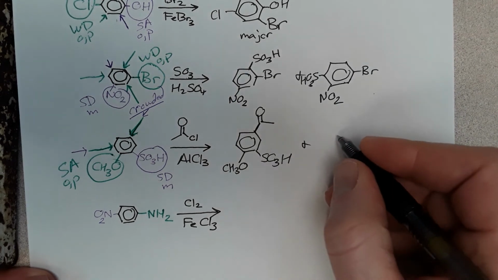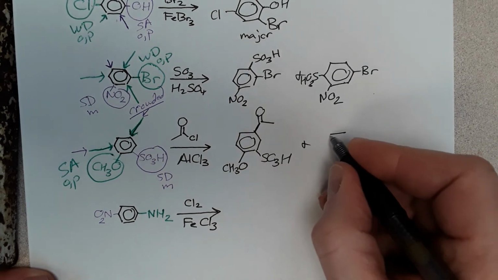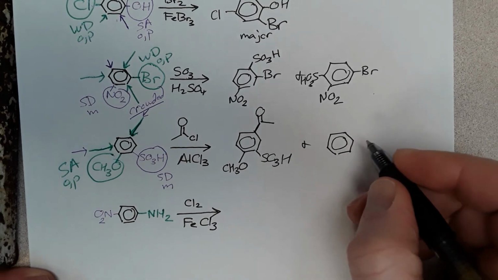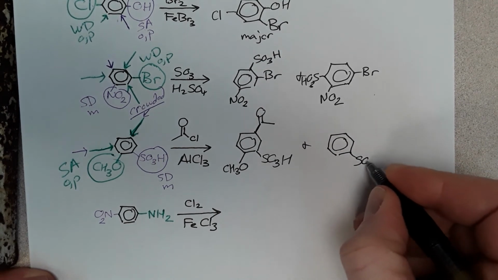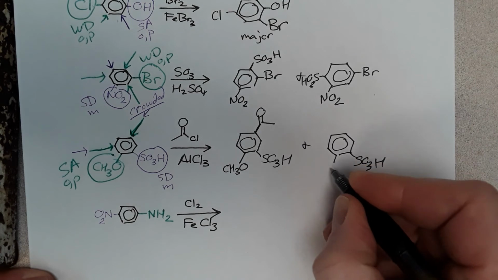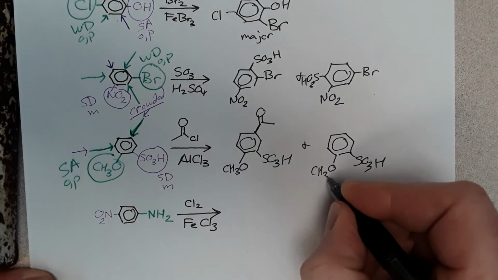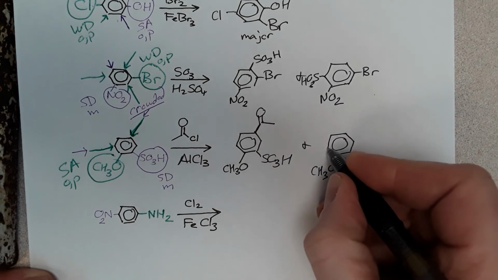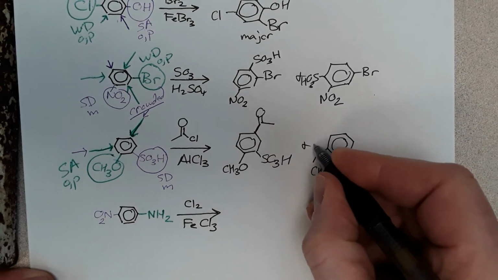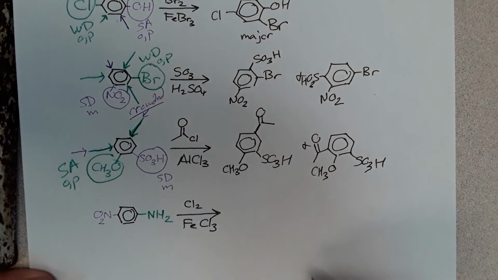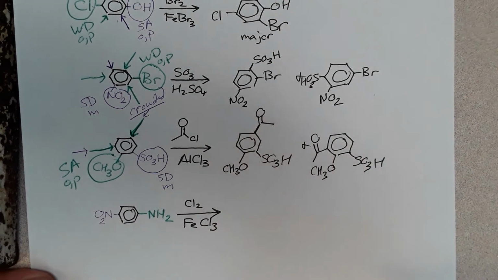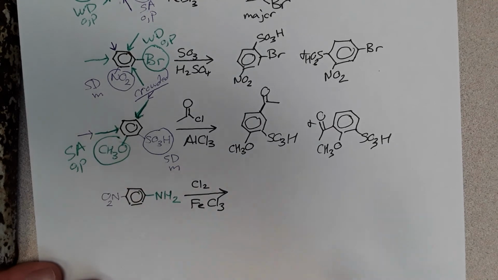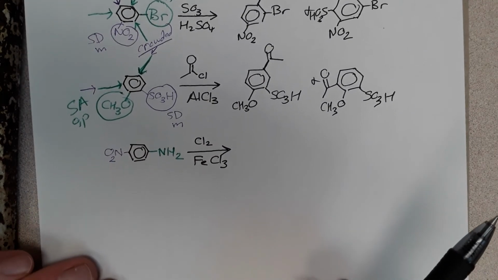And then let's add the other product here: sulfonic acid, methoxy, and then right next to the methoxy would be the other position that the ketone would add. So these two products would form, and they're both being directed to, reinforced by the two groups.